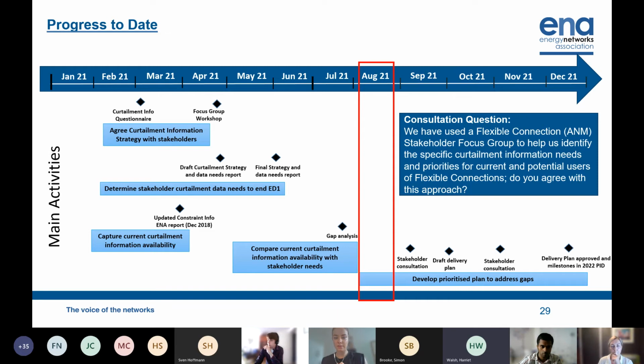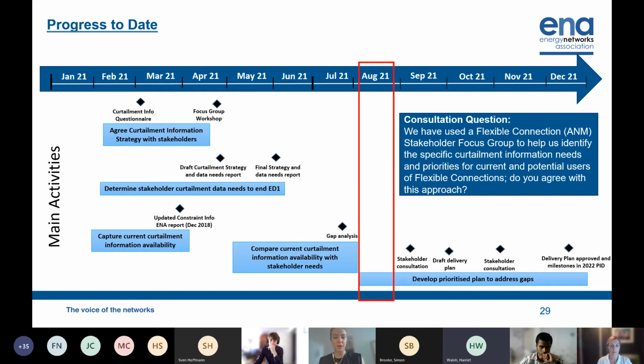We then held a stakeholder focus group based on responses from the questionnaire about who wanted to be involved in the focus group. We had a workshop looking at some of the initial responses that we got from the questionnaire and doing a deeper dive into what priorities and specific data needs were coming through from stakeholders and flexible connection customers. So that culminated in a report that's been published on the ENA website in, I think, June.